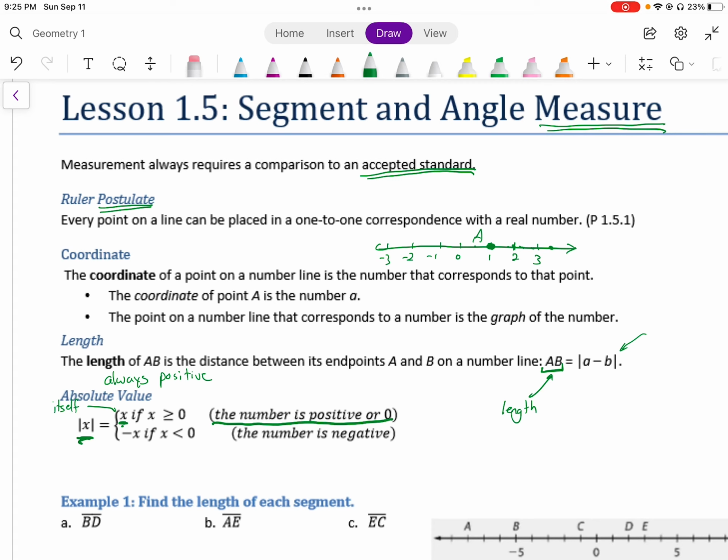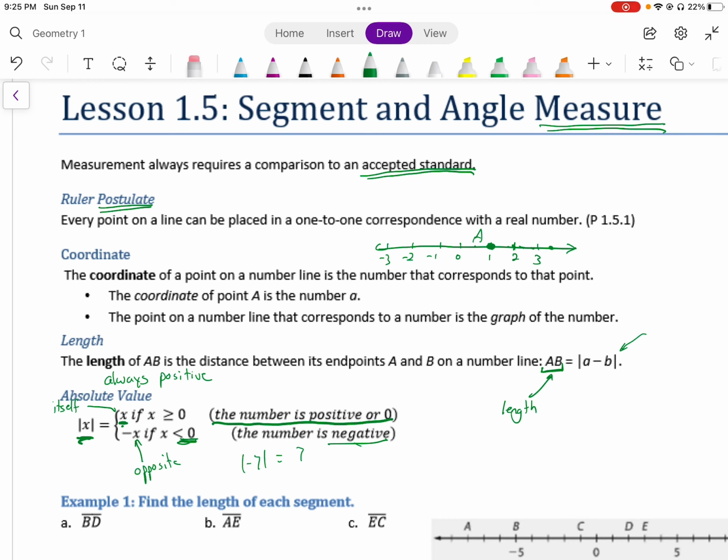So the absolute value of 7 is a positive number, so it's just 7. But if x is negative, it's the opposite. So if we had the absolute value of -7, -7 is less than 0, so we want the opposite of -7, which is just 7. So that's an algebraic way to think of absolute value.